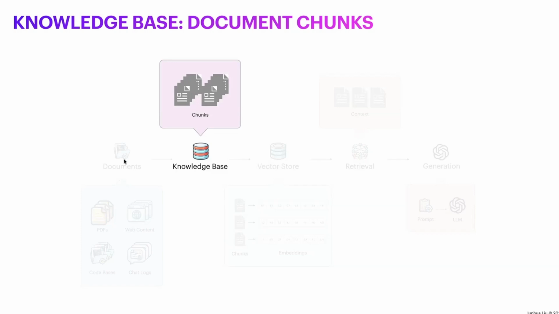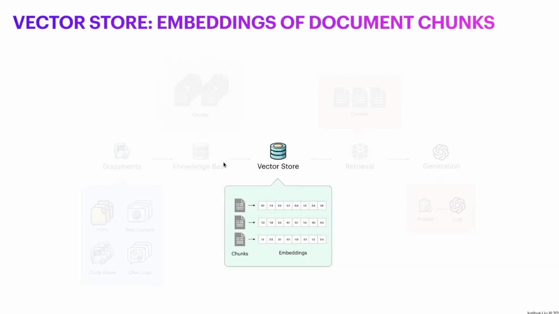After the documents are processed, split, and saved in the knowledge base, the next step is to process all these chunks into embeddings, which are vectors that represent the hidden meaning of each chunk. All these vectors, which are sequences of numbers, are then stored in vector stores.